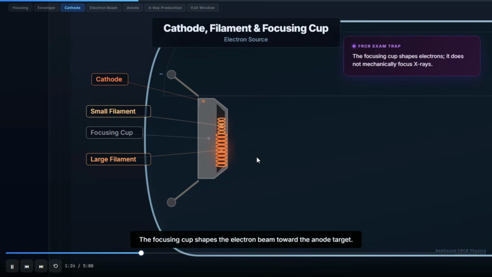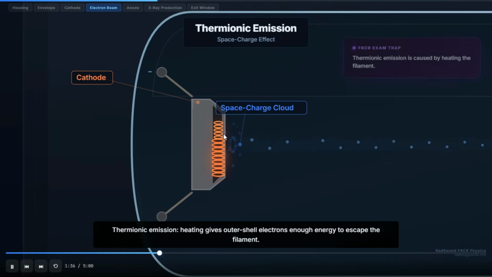So why is it important to understand the space charge cloud? Because as the electrons become crowded around this area, they produce a kind of negative feedback. Negative feedback is very important in medicine, especially with hormones. Negative feedback will decrease the number of electrons escaping from the outer shell of the tungsten, because there are so many electrons around this area. So we need something. What are we going to do now?